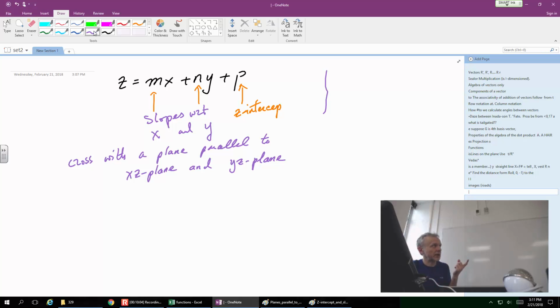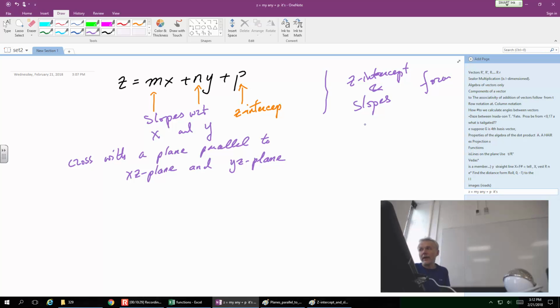So this refers to the z-intercept slopes form, if you like. Once again, three numbers: z-intercept and two slopes. Okay, so p is the z-intercept, the m and n are the slopes, and we have the equation.